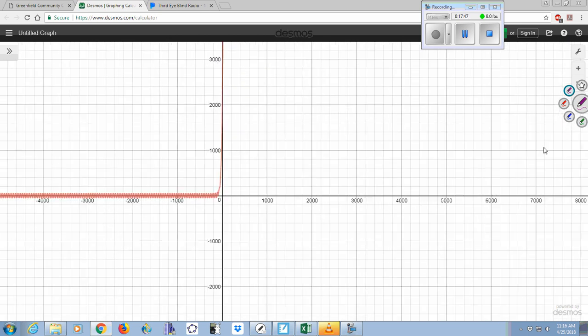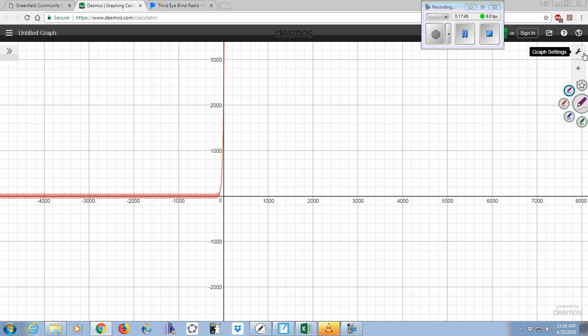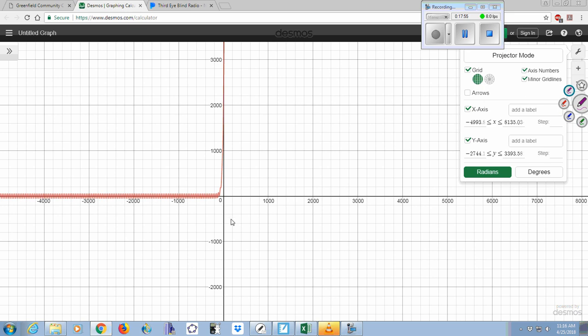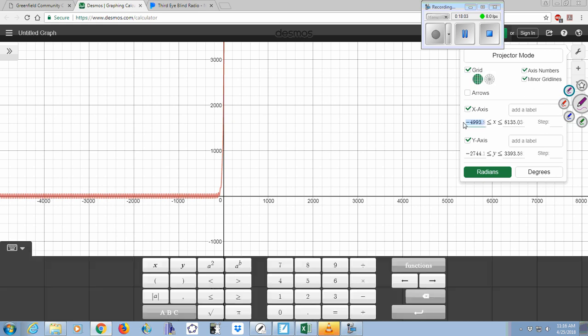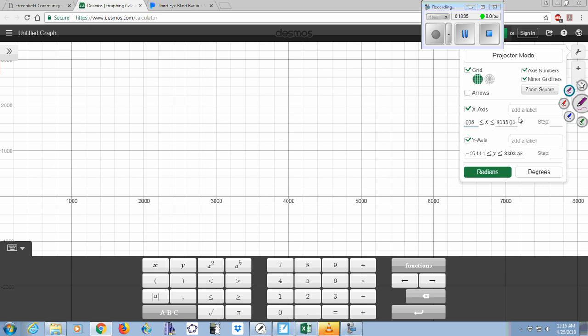So to really see this, I've got to play around with my axes. Just like on a graphing calculator, you have to change a window, right? I don't really care what's going on before the winter months here or in years past. So I'm going to have my x-axis start at 0. And let's see, we can go out a couple of years.